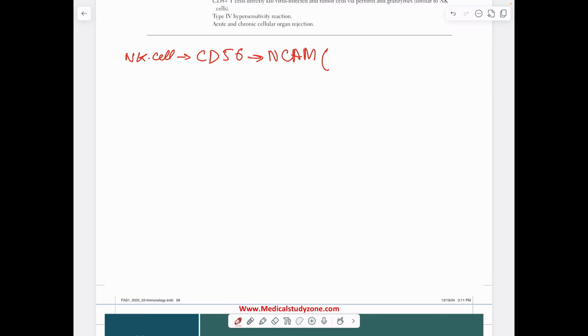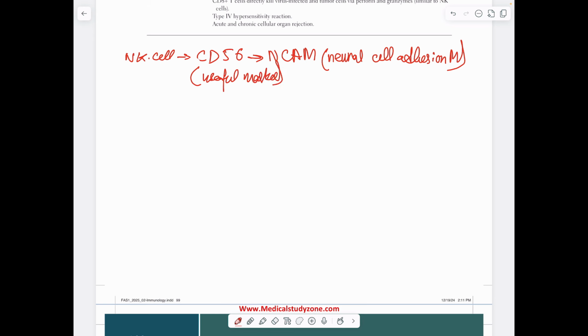NCAM means neural cell adhesion molecule, and it is expressed on the surface of natural killer cells. It is a useful marker for natural killer cells.